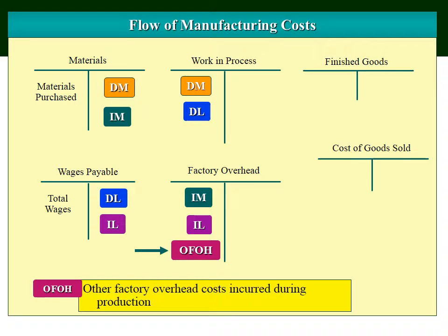Other manufacturing overhead comes through, and that is going to be everything from the electric bill, property taxes, insurance, rent or depreciation on the building and equipment, items like that, and you'll see others in your textbook.